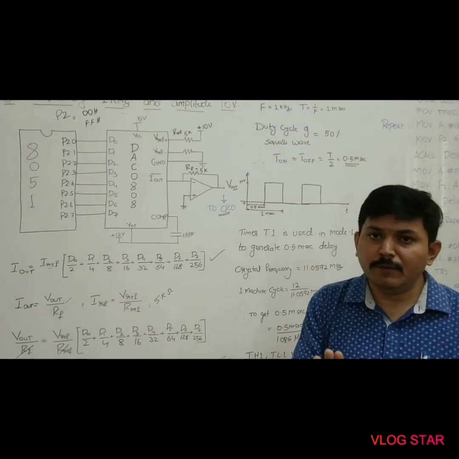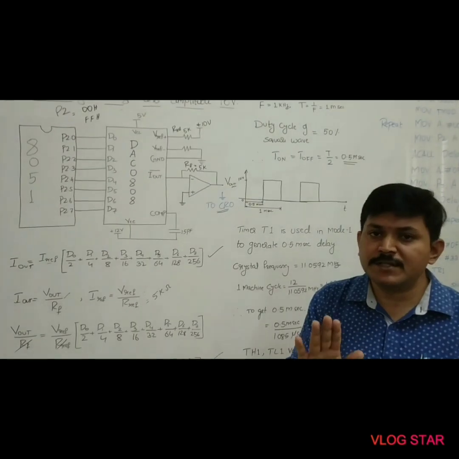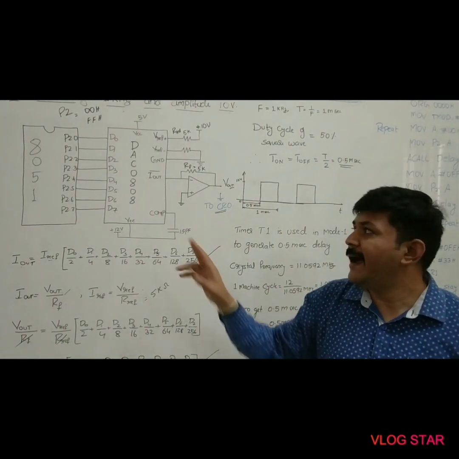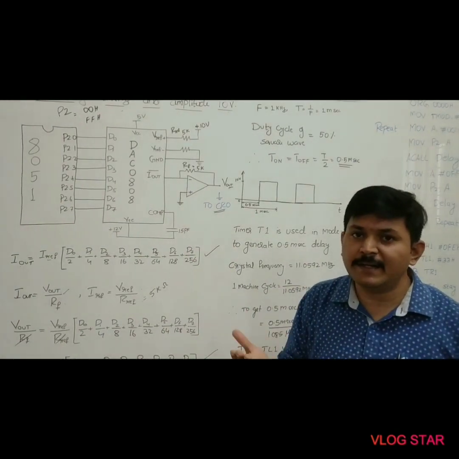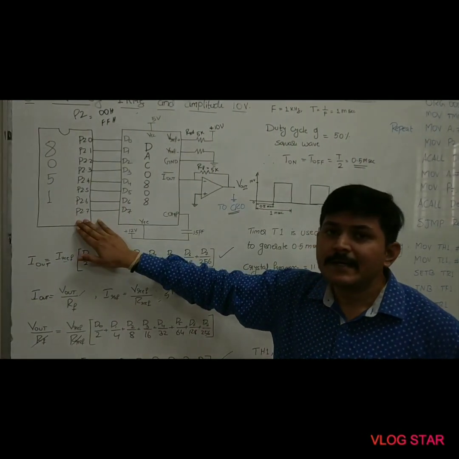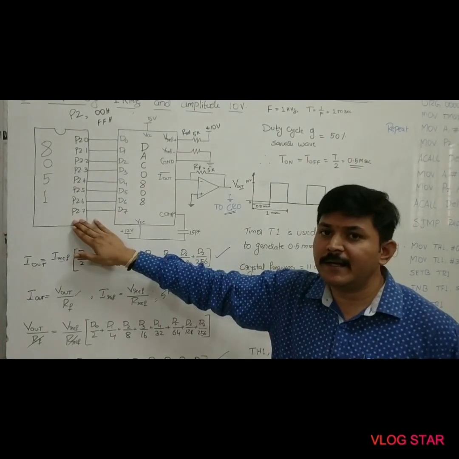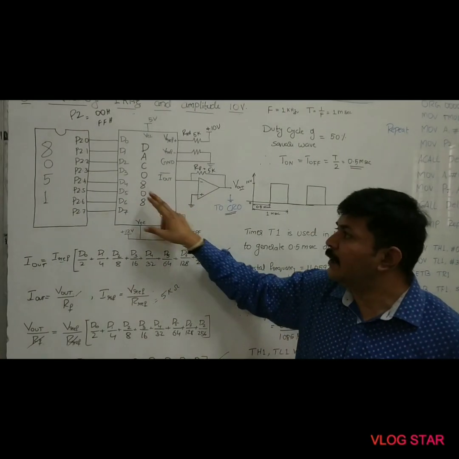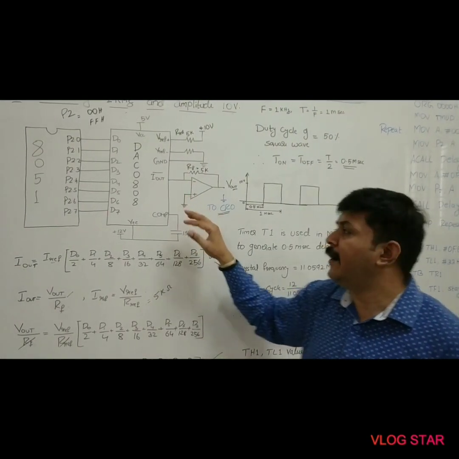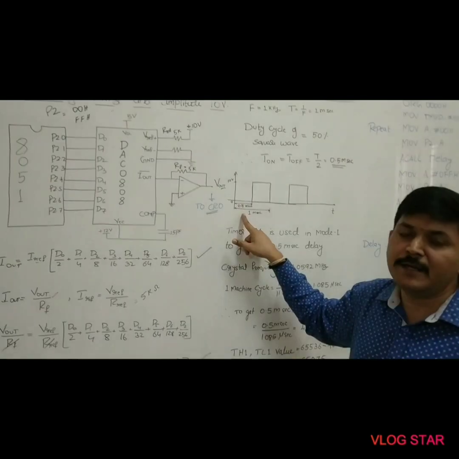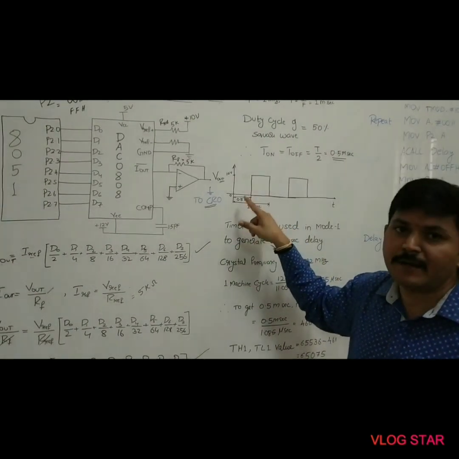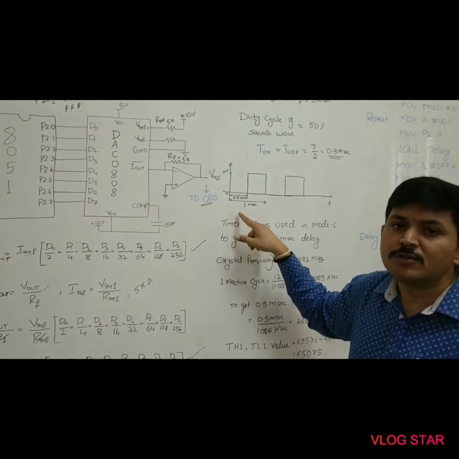The 8051 microcontroller will not convert digital data into analog, but that IC converts the digital data into analog. The 8051 microcontroller selectively gives the digital data such that the particular data gets converted into an analog output, and we can generate any kind of waveform accordingly. So I can generate a square wave, a triangular wave, a sawtooth wave.